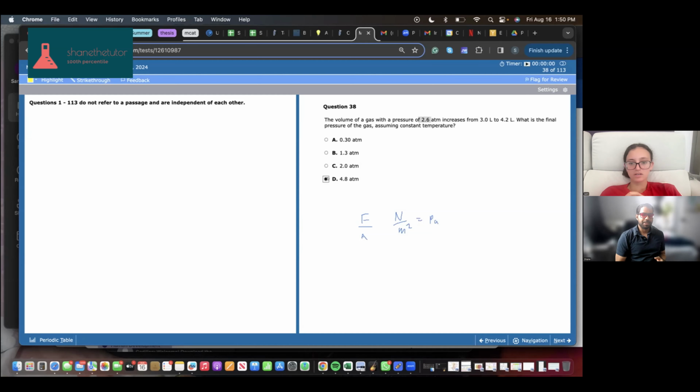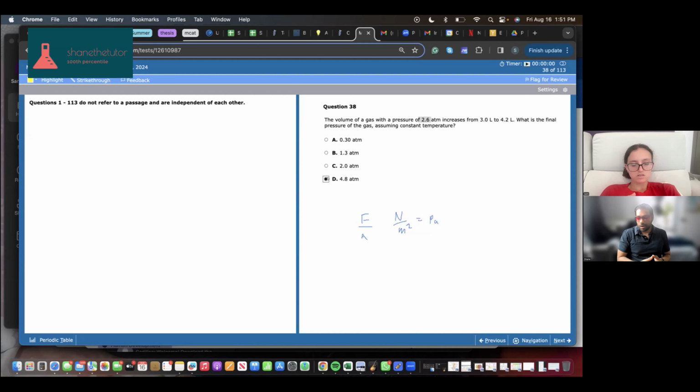Let's say you have a gas in a container and you reduce the volume of that container.